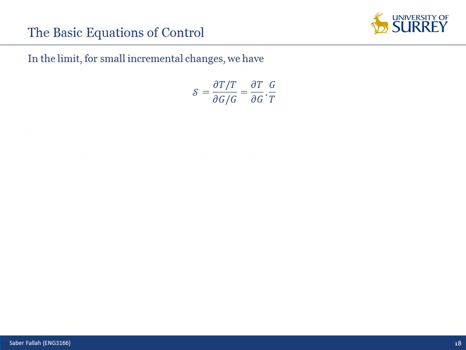For small changes, I will have S equal to dT over dG multiplied by G over T. G is the plant transfer function, T is the closed loop system transfer function.